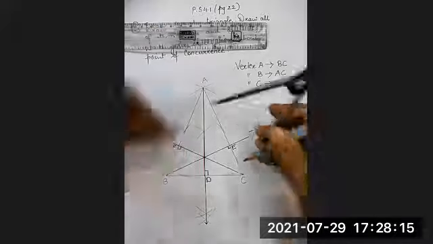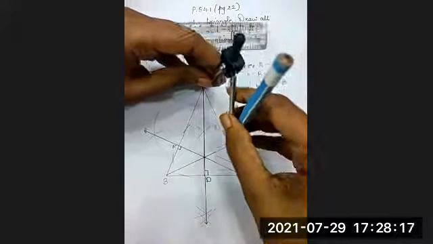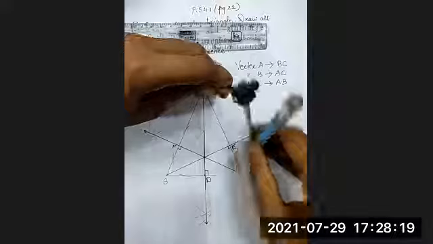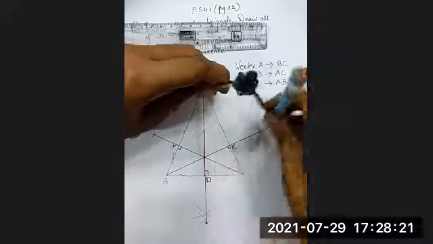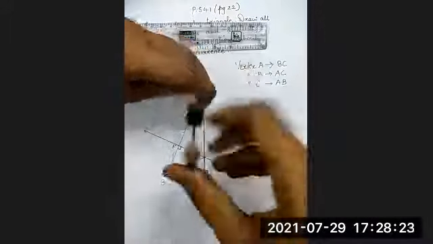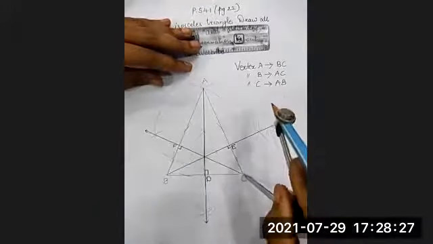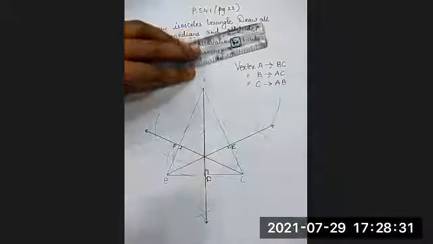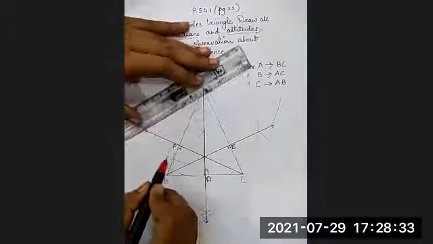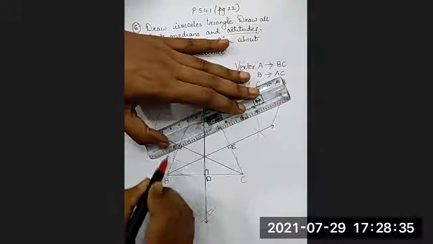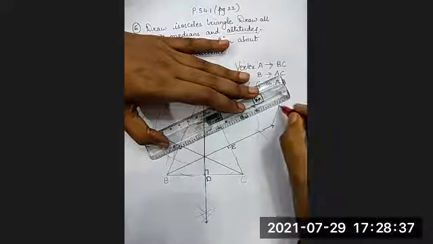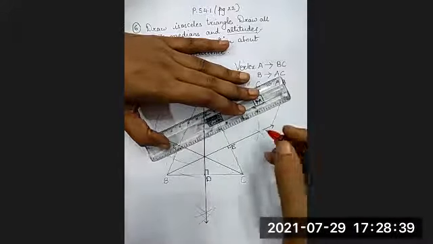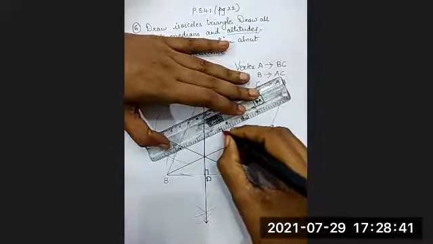Second median, for side AC, I will draw the perpendicular bisector. Take more than half. Make the arcs. If you want, you can erase the previous arcs so that you don't get confused. Now this arc, this point, and this point, I mark the midpoint.